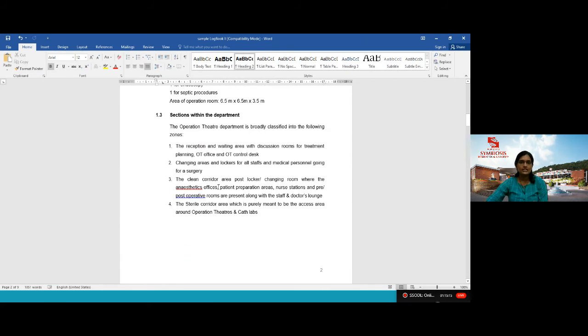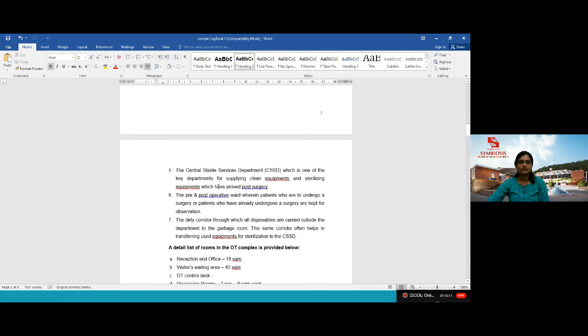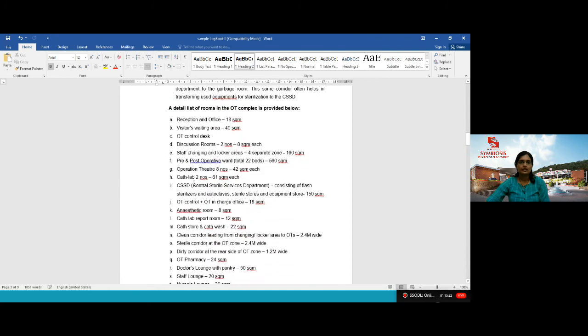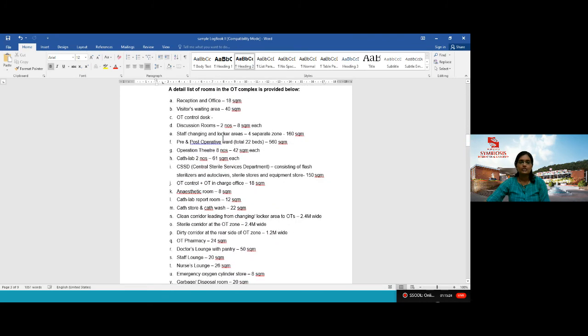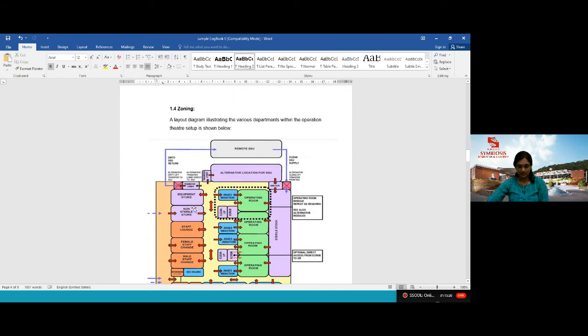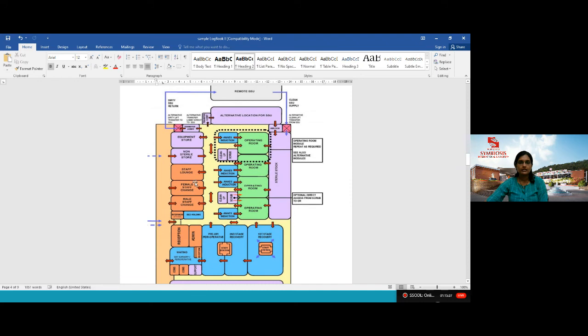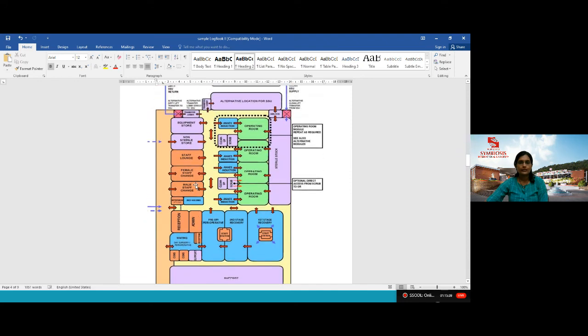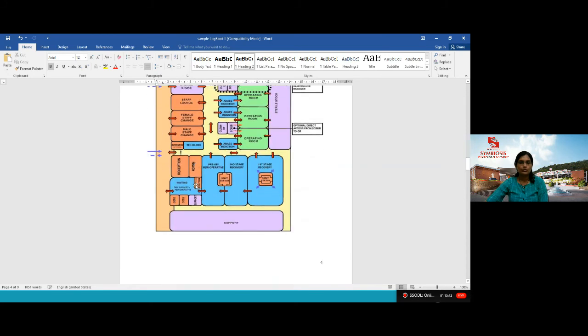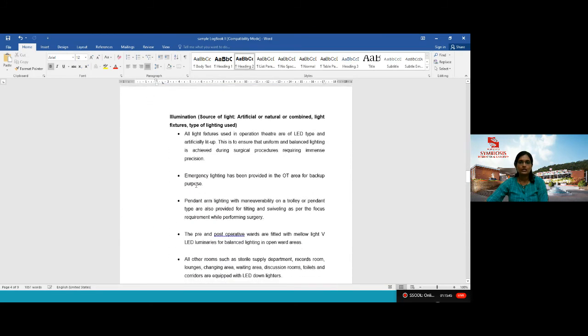So these are the sections within the department. You can mention a detailed list of rooms here. So this is zoning, which I have depicted here. You can also draw a diagram and include it in your logbook 2 report.